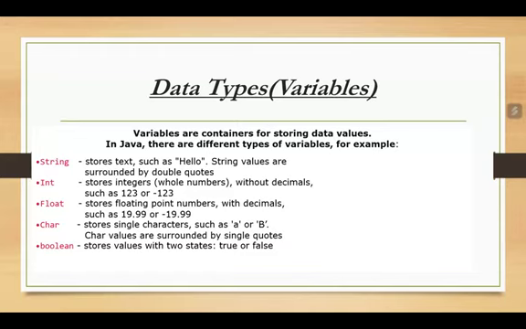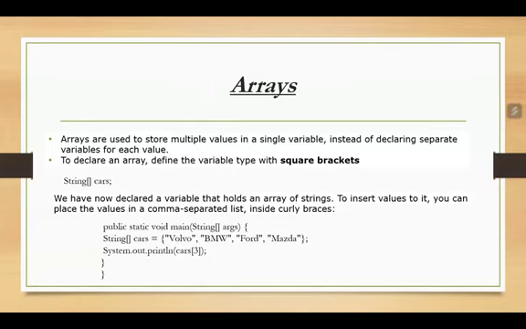Boolean is nothing but a statement which states whether the statement is true or false. Arrays are used to store data row-wise and column-wise. To declare an array, we define it in square brackets.